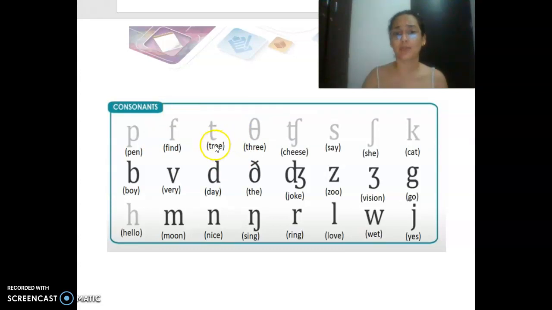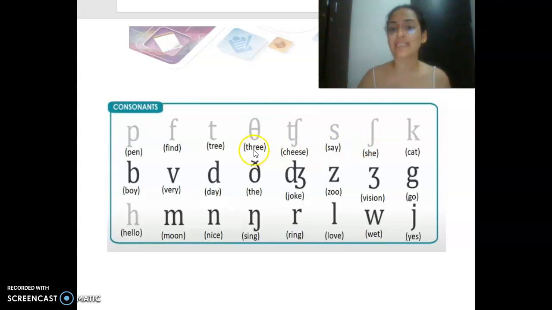Or, for example, t. In this case, the word that we can identify this sound is tree. We also find some symbols different from the letter, like this one, and this one.